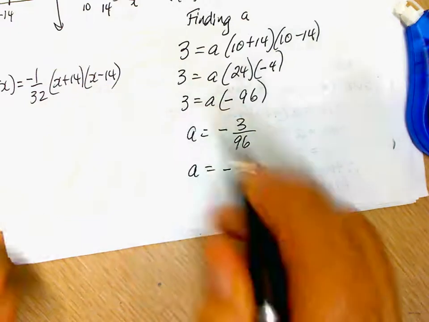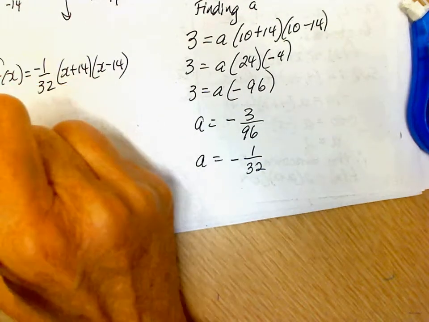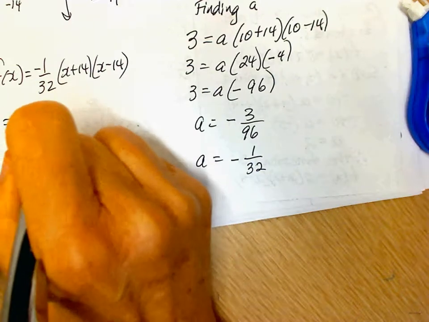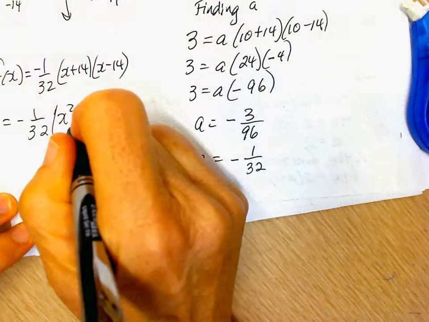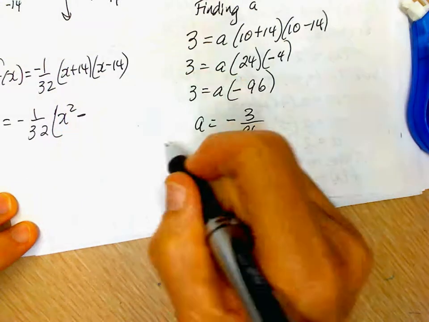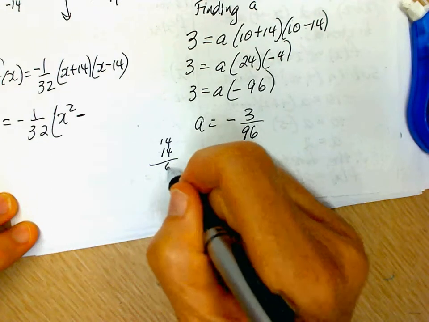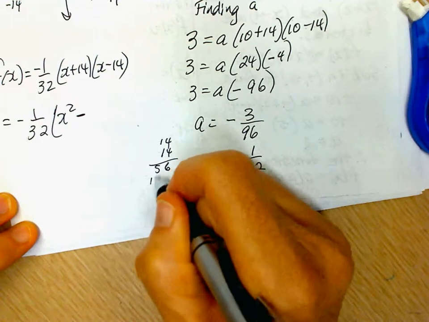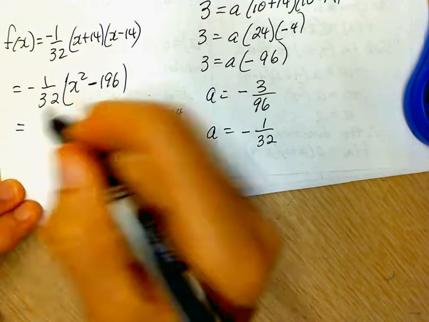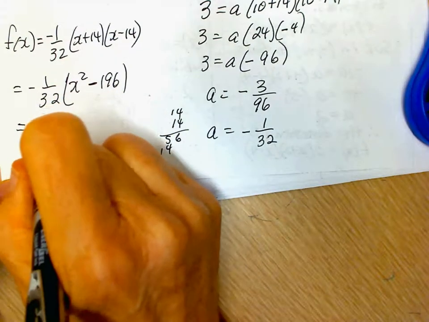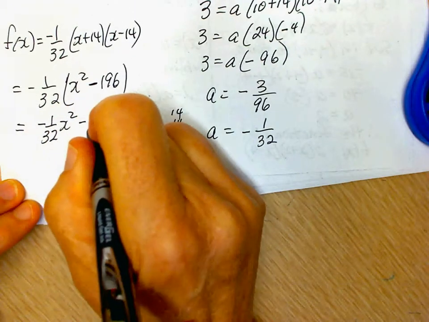So that's factored form. If they want it in standard form, just in case, you never know, x squared minus 14 times 14. I got a 4 times 4 is 16, 56. It's 196. So this would be negative 1 over 32 x squared minus 196 over 32.